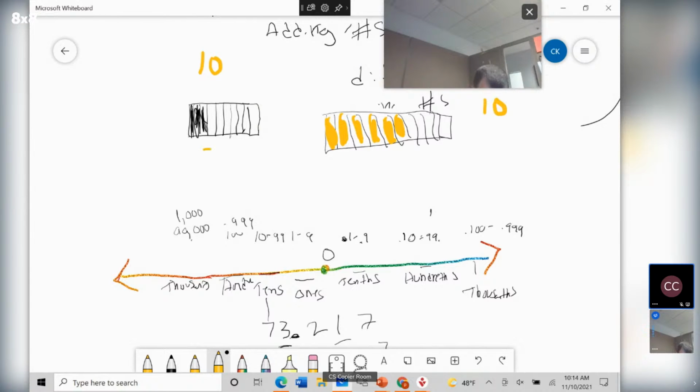This one would be 3 out of 10. This one would be 6 out of 10. So it's going to ask you which one is larger. And obviously 6/10 is bigger than 3/10. So 3/10 would be the smallest one. So if it asks you to do it from the smallest to the largest, you would do 3/10 is the smallest, 6/10 is the largest. Okay.